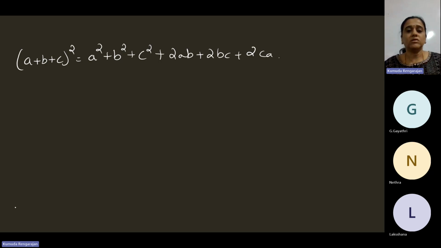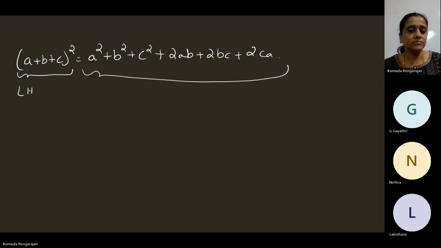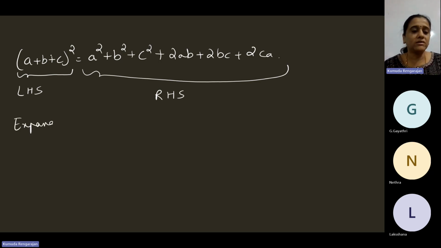All right. So now the identity has two parts, LHS and RHS. If the question looks like the LHS of the identity, the question will be like: expand, say, 3x minus 4y plus root 5, the whole square.